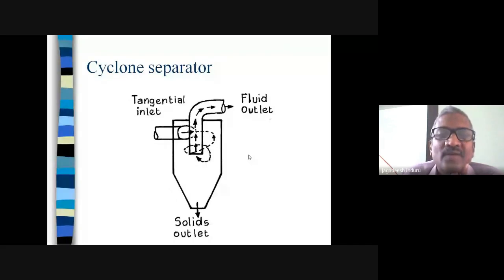Now coming to the critical parameters. In the critical parameters of this, you are going to have the inlet air rate, the speed of the air which is entering the inlet. That is a critical parameter here. If you are pumping very slowly and the air does not have much pressure, then your cyclone will not be created.